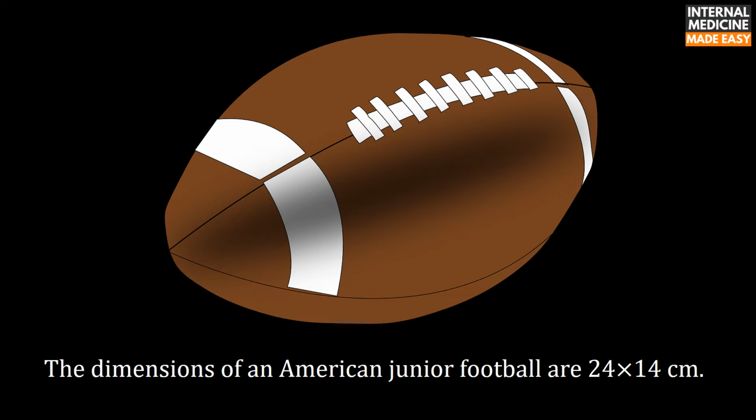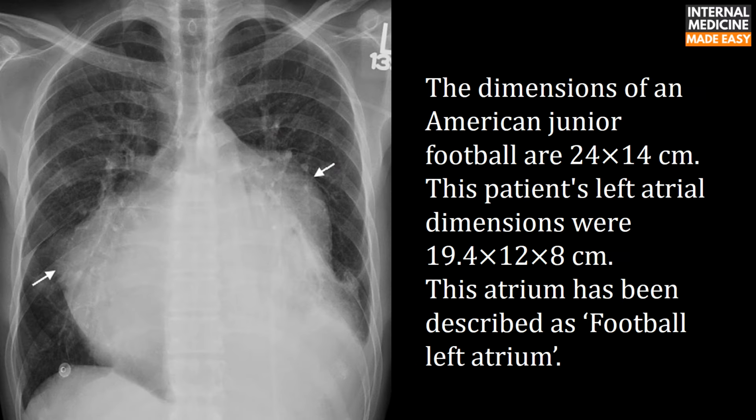The dimensions of an American junior football are 24 by 14 centimeters. This patient's left atrial dimensions were 19.4 by 12 by 8 centimeters. This atrium has been described as a football left atrium.